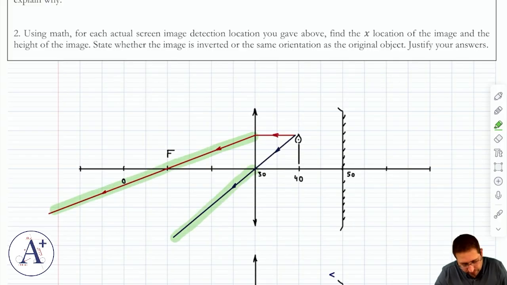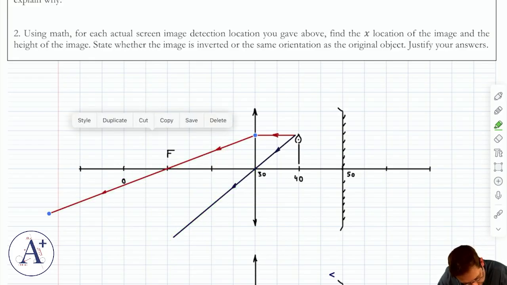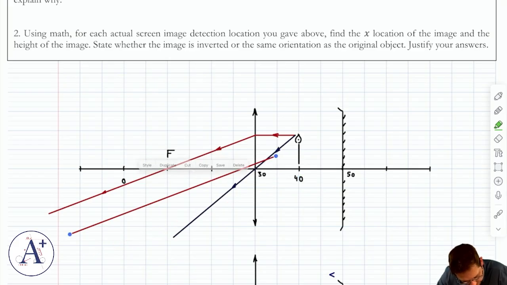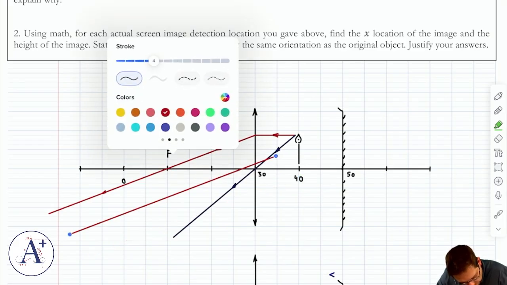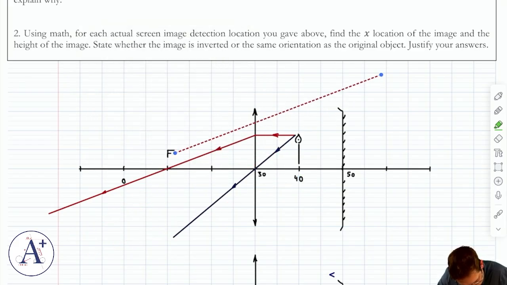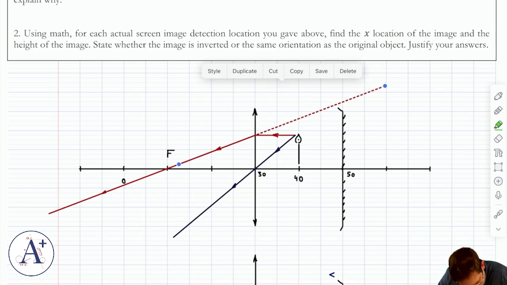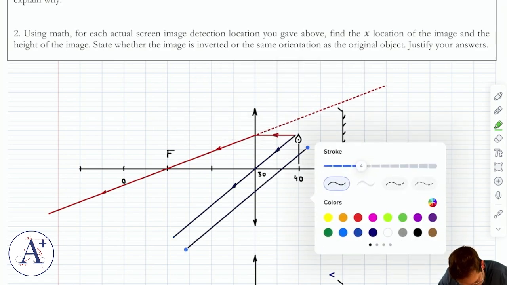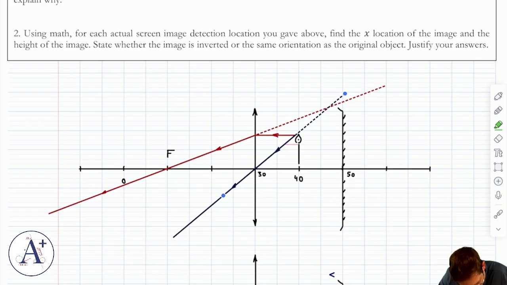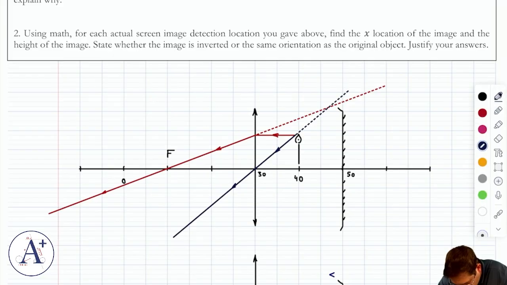Well, these rays will never intersect. They emerge from the lens, but they will never intersect. However, they appear to intersect over here. If I extend them as a dotted line, they appear to intersect right here, which means that my image is going to form right here.